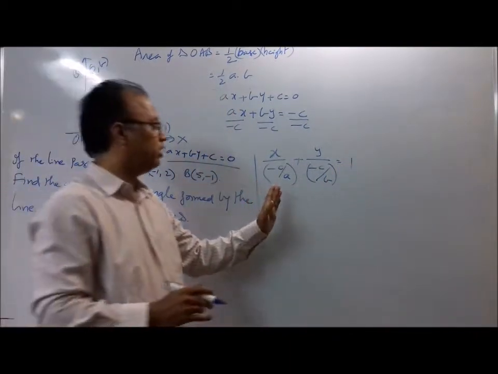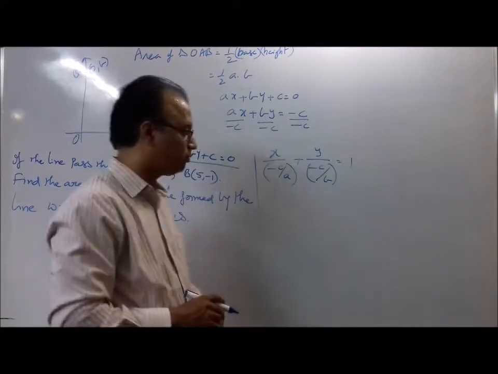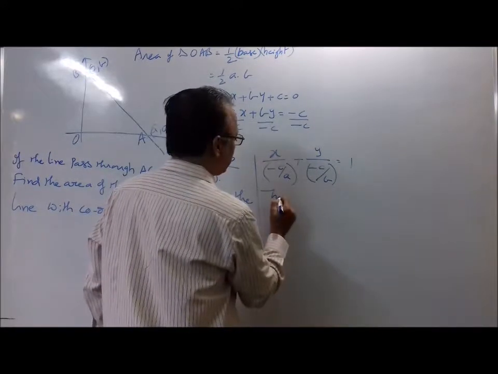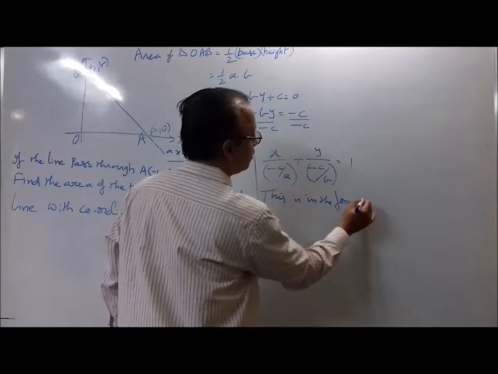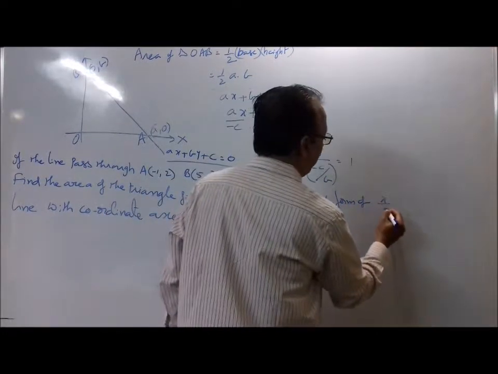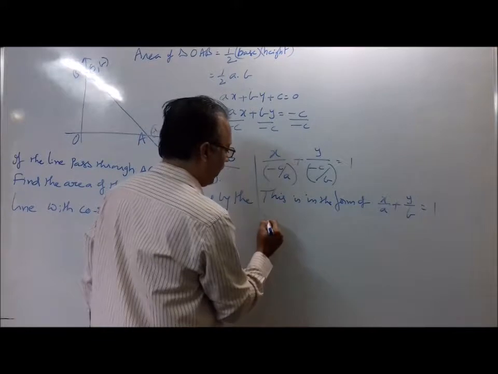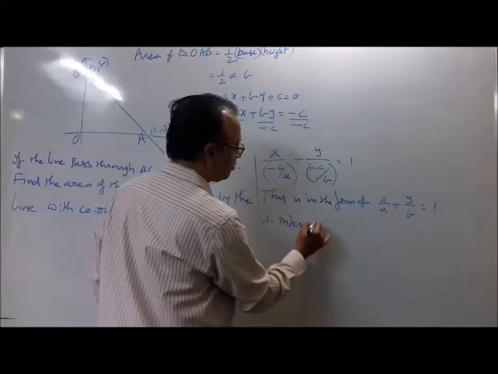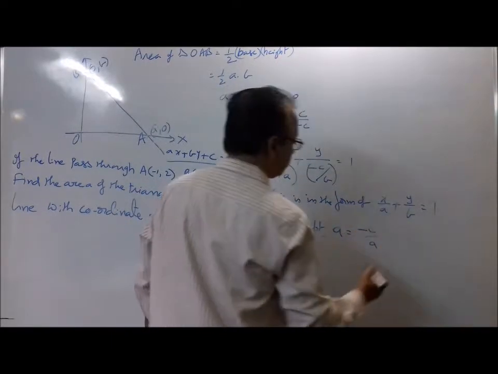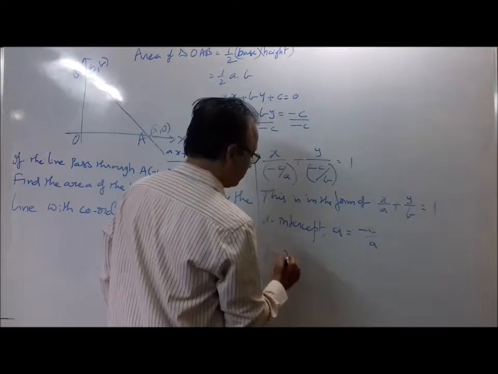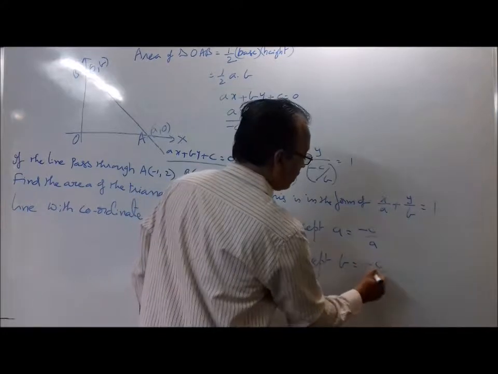Now this is in the form of x by a plus y by b is equal to 1. So the x-intercept a is equal to minus c by a, and the y-intercept b is equal to minus c by b.